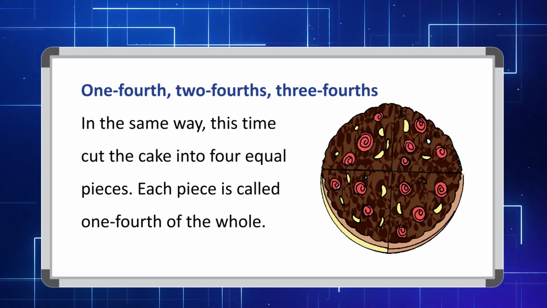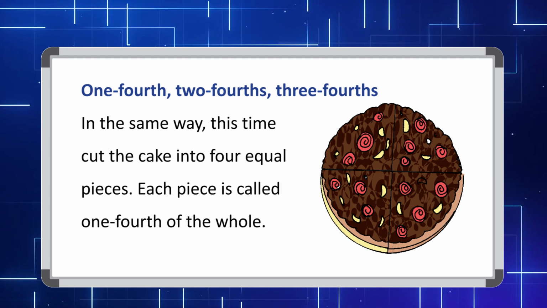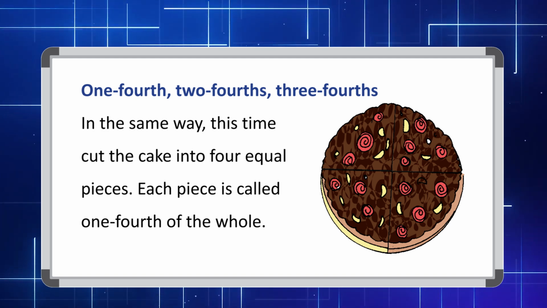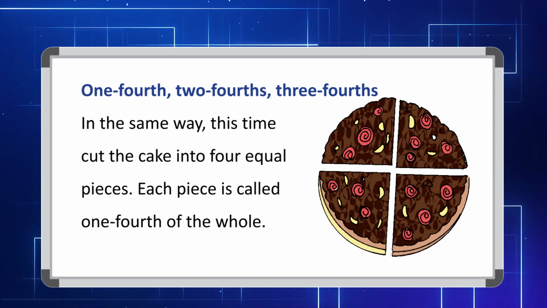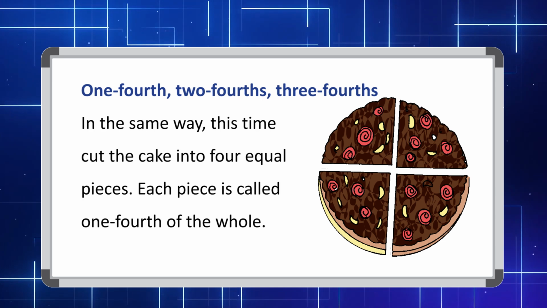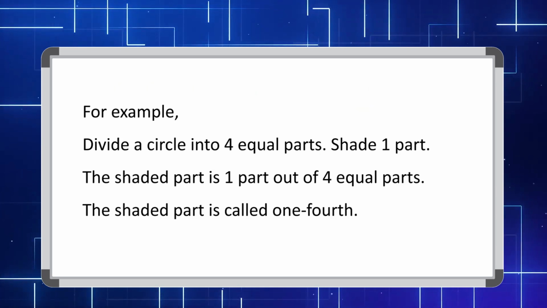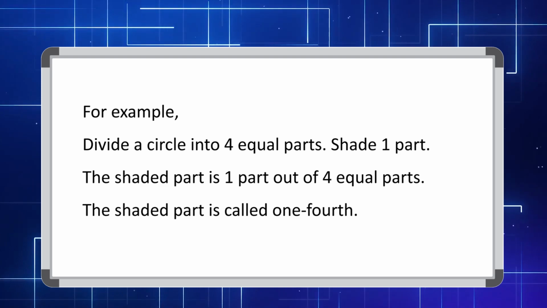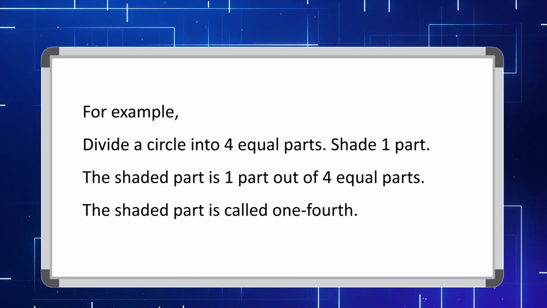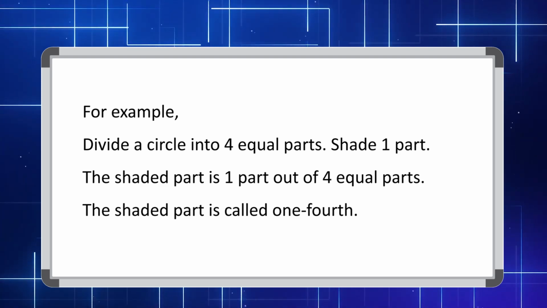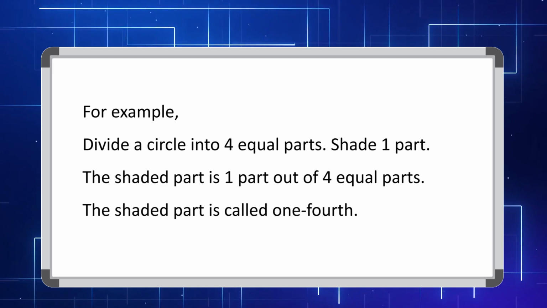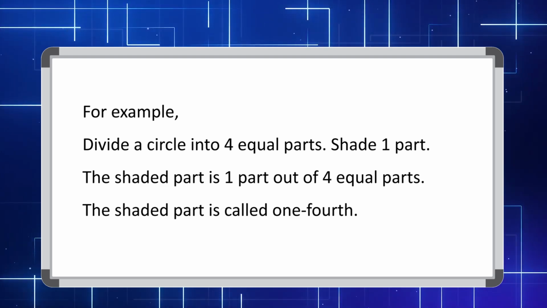1/4, 2/4, 3/4. In the same way, this time cut the cake into four equal pieces. Each piece is called 1/4 of the whole. For example, divide a circle into four equal parts. Shade one part. The shaded part is one part out of four equal parts. The shaded part is called 1/4.